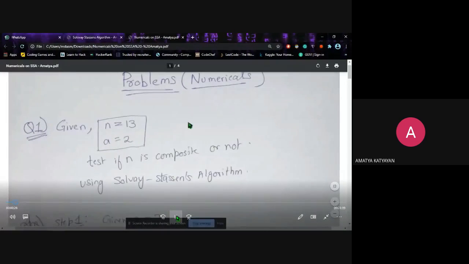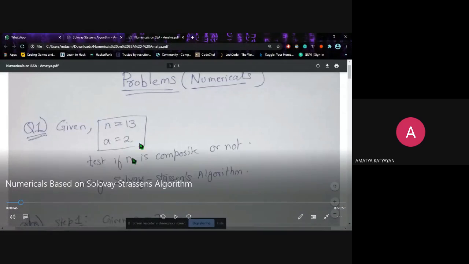Suppose a is not given, it is preferable to take the value of a as 2, since we already know that n is going to be a positive odd integer. So definitely if you take a as 2, then the GCD of a and n will always be equal to 1. In this question, n is equal to 13 and a is equal to 2.